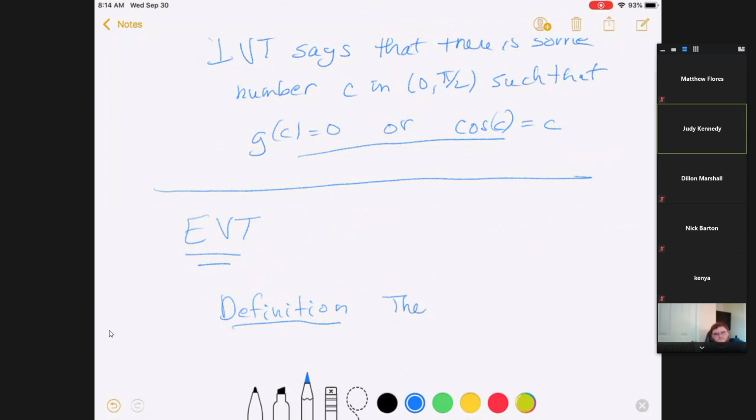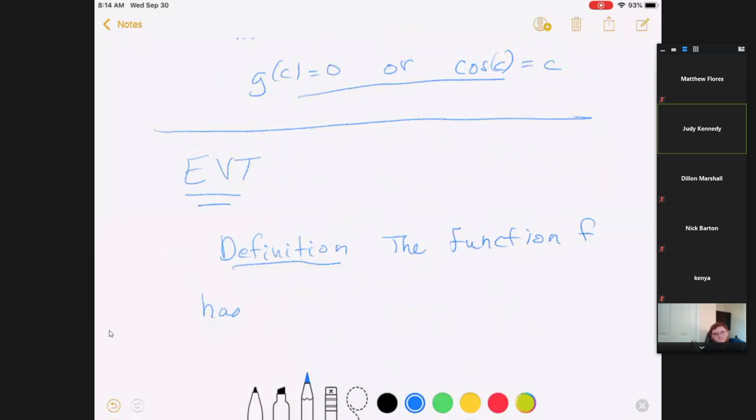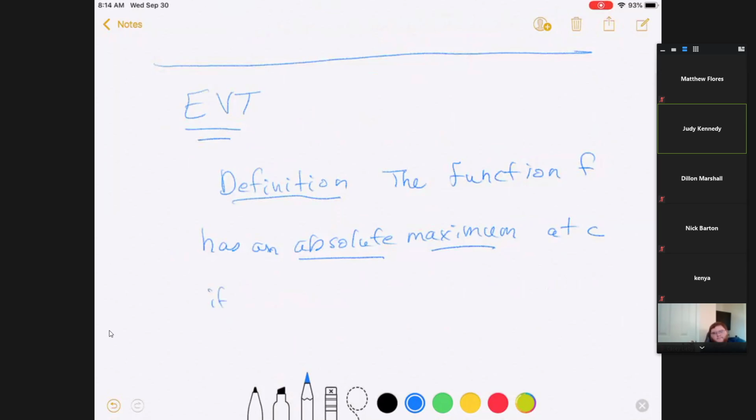The function f has an absolute maximum, or global maximum, sometimes it's called, at the number c if f of x is less than or equal to f of c for each x in the domain of f.